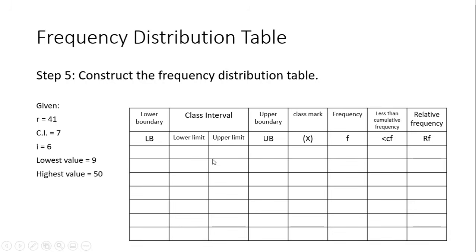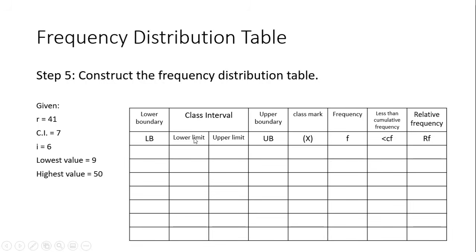Okay, the lower limit. And in terms of the lower limit, we will start from the bottom cell. In terms of identifying the numbers for our table, we will always start from the bottom, per column.